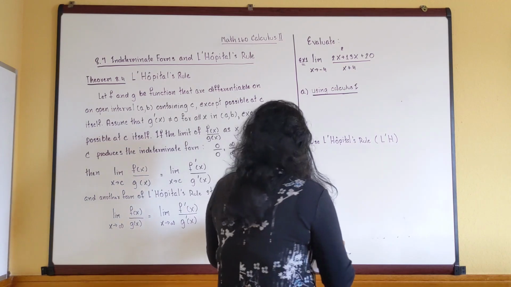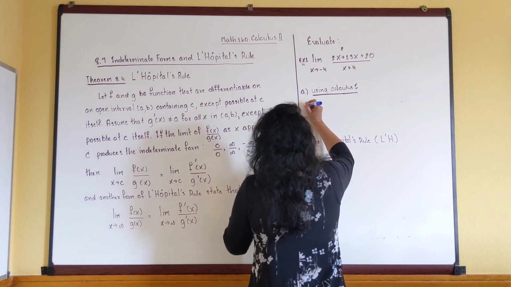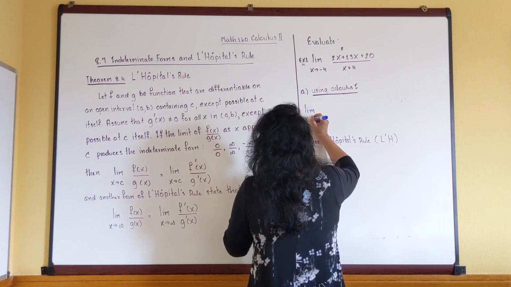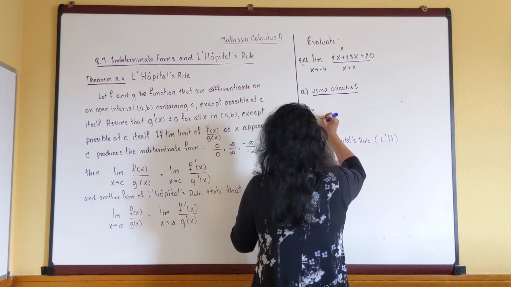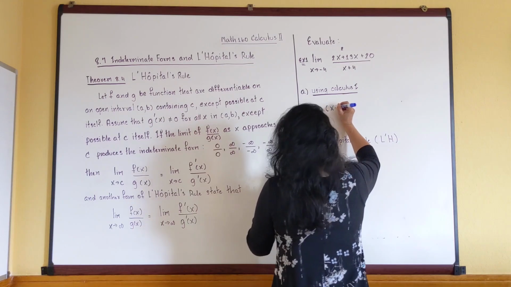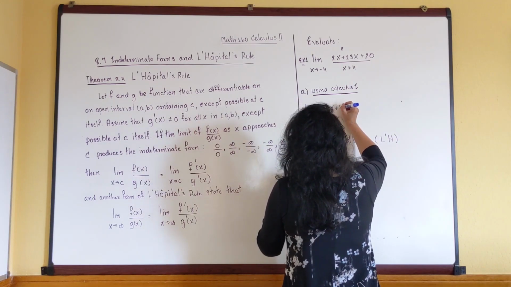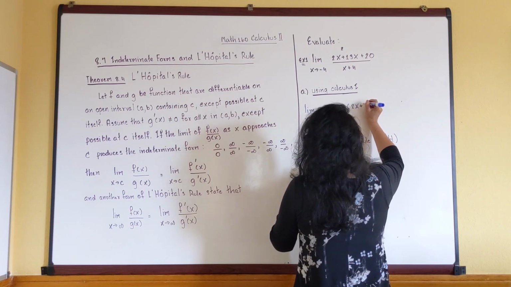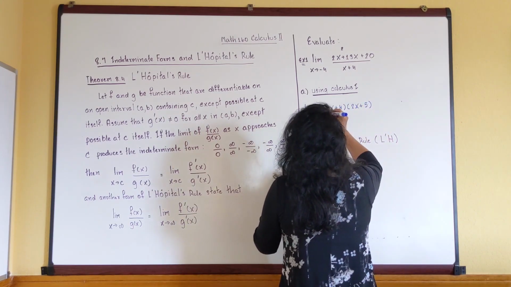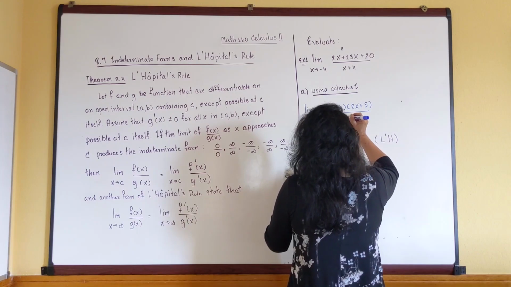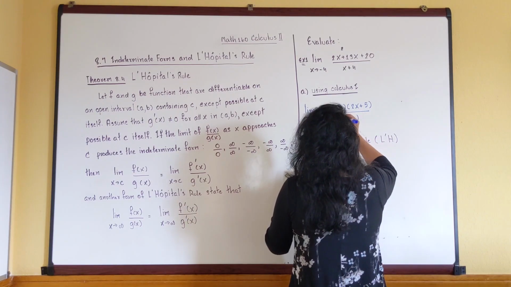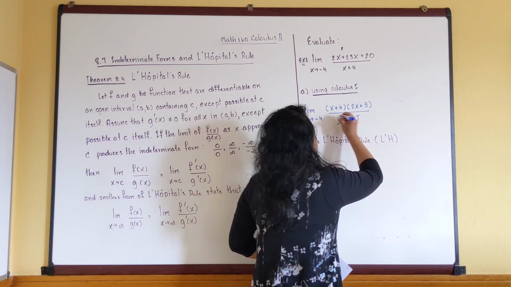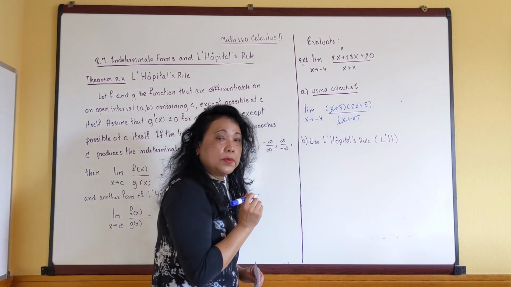Alright, if I try to simplify this, I would have limit as x approaches -4. I'm going to factor this, so I'm going to have x plus 4 times 2x plus 5 over x plus 4. Now I can reduce x plus 4 and x plus 4.